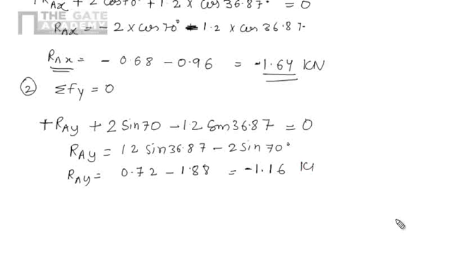Negative direction means it will act vertically downward, in the negative y direction. So by this way we can easily calculate RAX and RAY. By condition number 3, the algebraic summation of moments of all the forces about A should be 0.